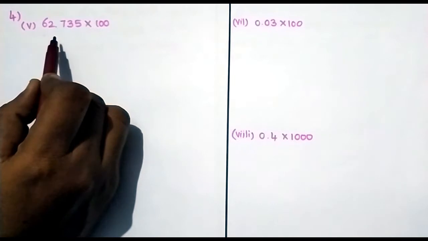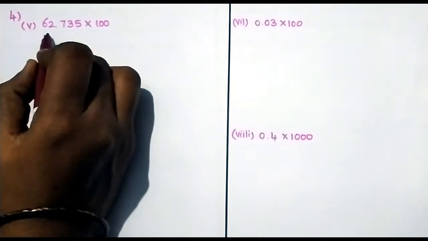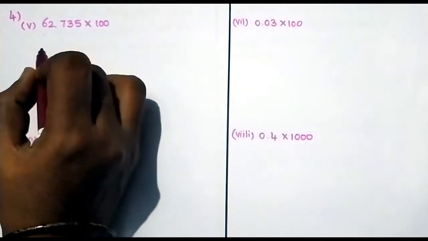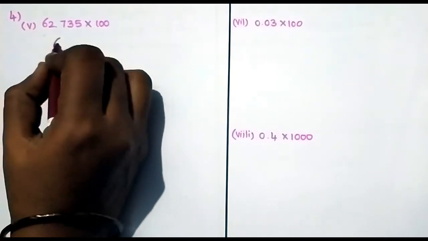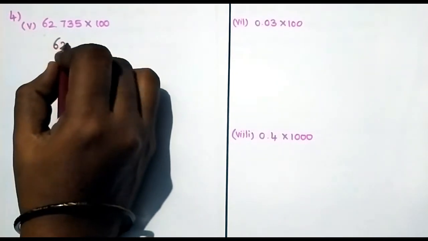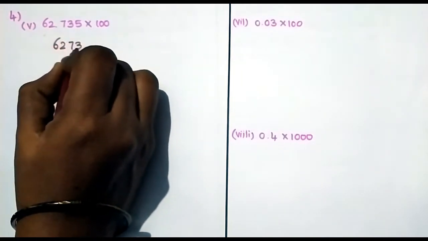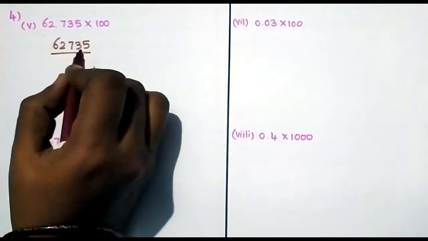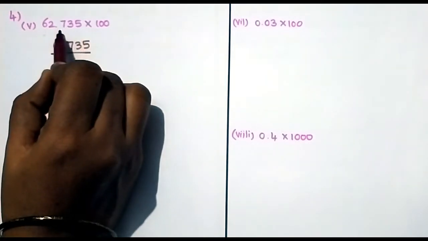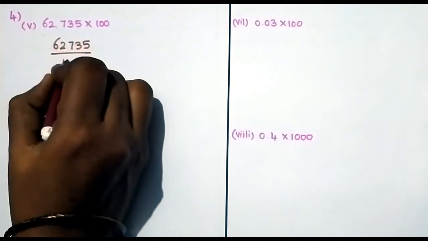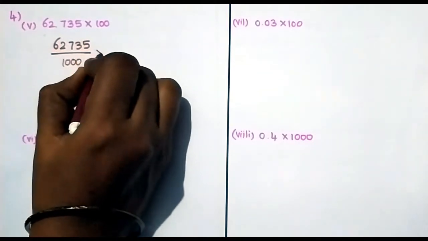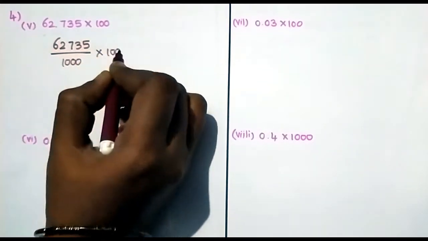Fourth sum, fifth subdivision: 62.735 into 100. So write down the number without the decimal point, divided by, after the decimal point 3 digits, so divided by 1000 into 100 is there.